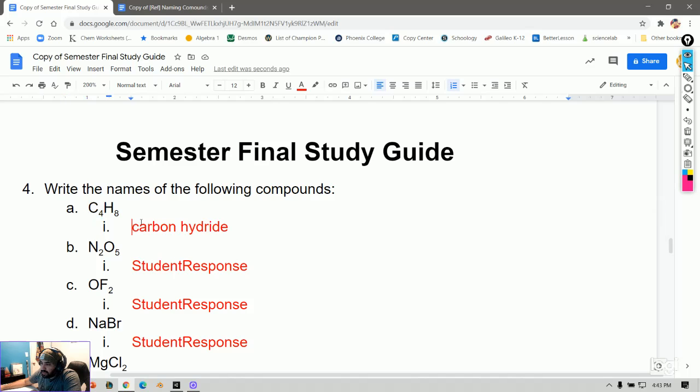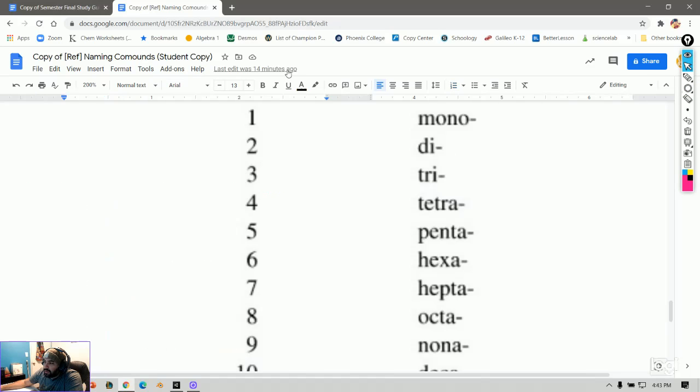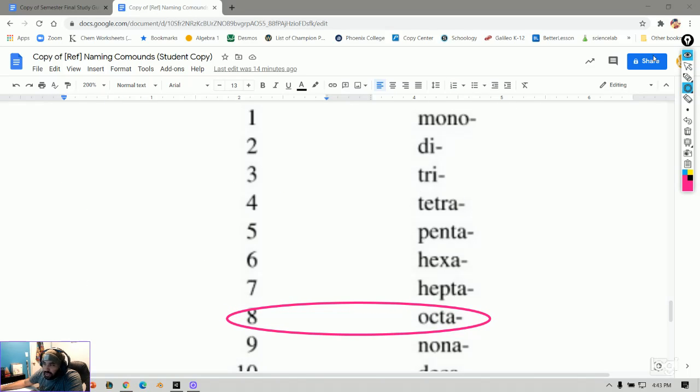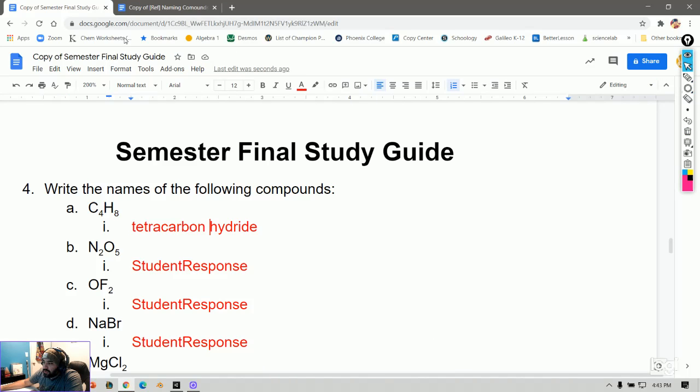So this is called tetracarbon. What about hydrogen? How many hydrogens? There are 8. How do I know there are 8? Well, that's what this little subscript tells me, how many of that element there are. So we find right here, octa. 8 is octa. So I will call this octahydride.